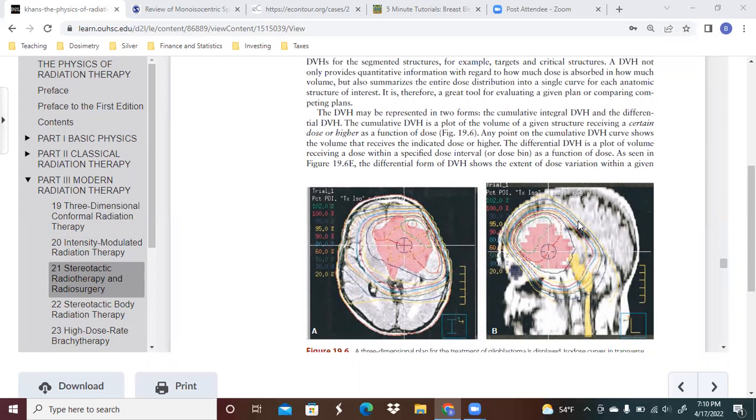Just because something is an arc doesn't make it a VMAT or a volume modulation process. In many cases, from a 3D conformal point of view, what you are looking at may be a conformal arc, something that conforms to the target as it moves around. That doesn't mean just because it moves that it's IMRT.